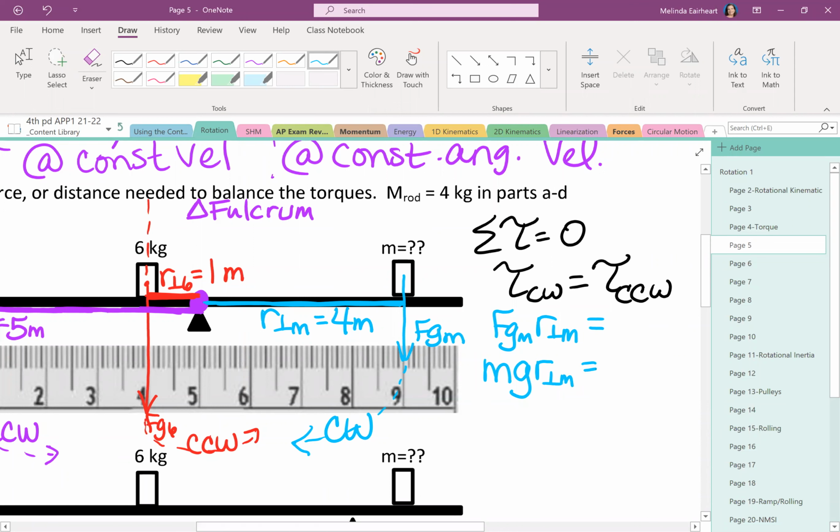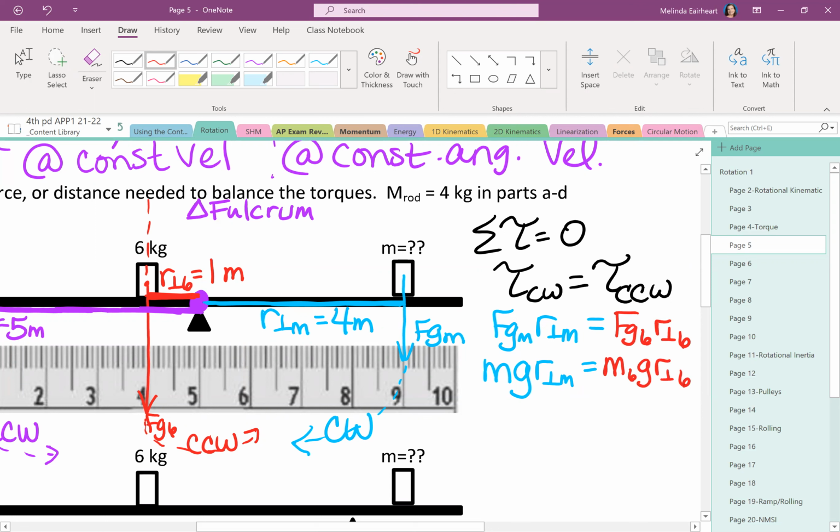Okay, switching colors. Now that's our only clockwise torque. So now it equals who's going counter? Well, I'm going to do the 6 first since it's on the same screen. And so F_G of the 6 times the 6 lever arm. F_G equals mg.